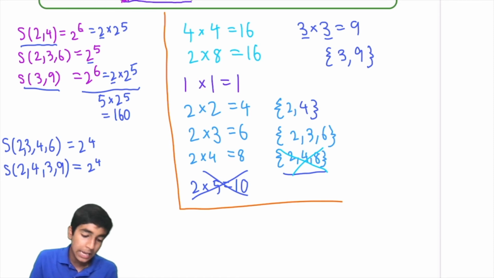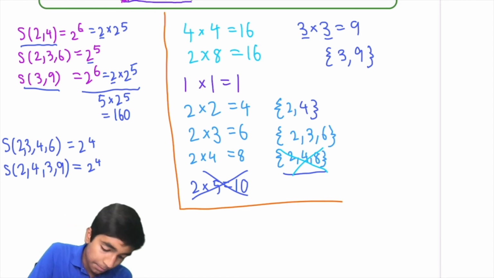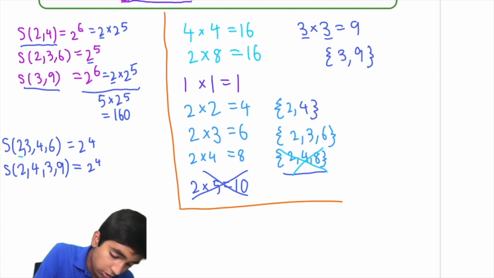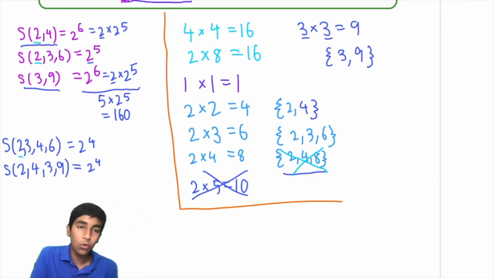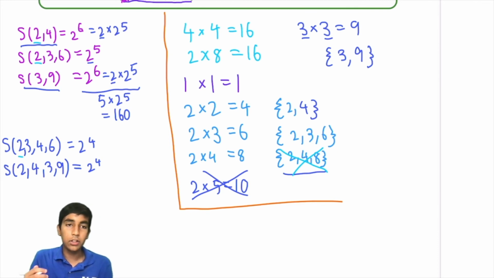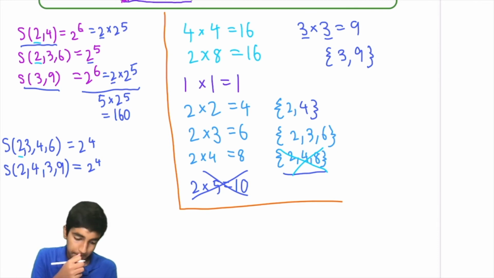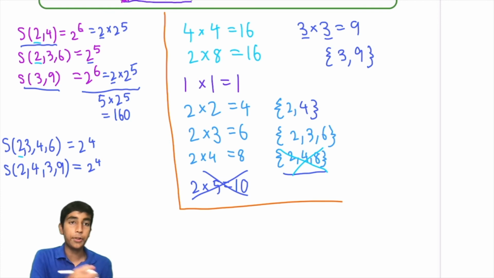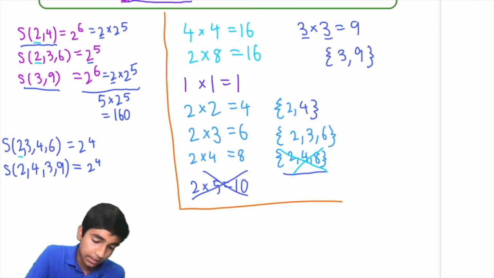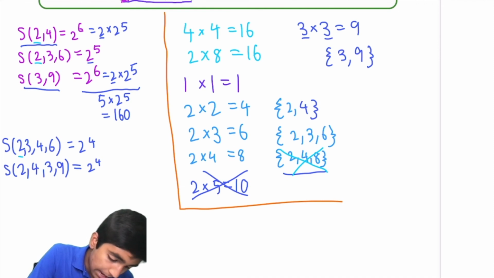And also keep in mind that we're not worrying about duplicates here. If a subset contains 2, then it contains 2 as part of both sets. There's no two 2s or anything like that. One 2 is enough for it to include both 2, 3, 6 and 2, 4. Now what if a subset contains 2, 3, 6 and 3, 9?